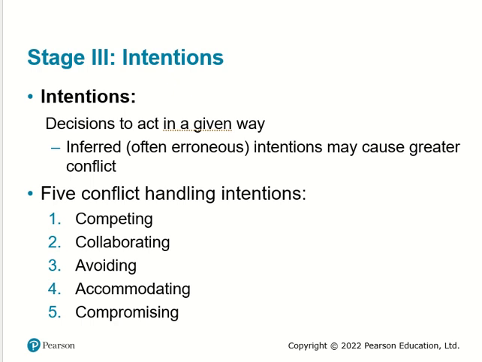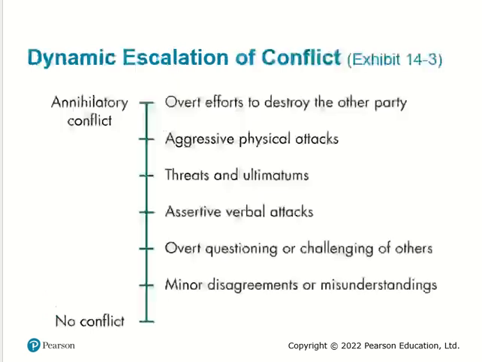So the error that happens in your intention may cause high levels of conflict. So it also provides the 5 conflict handling intentions. Like I said earlier, you may refer to competing, whether you want to collaborate, avoid, accommodate, or try to compromise. So this is the skeleton of the dynamic escalation of conflict.